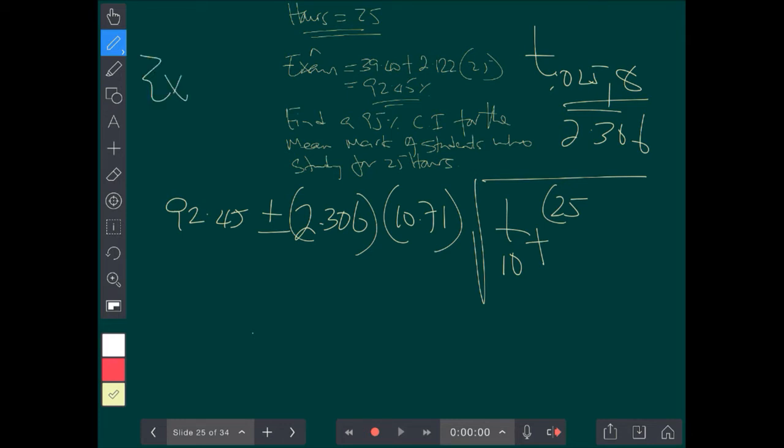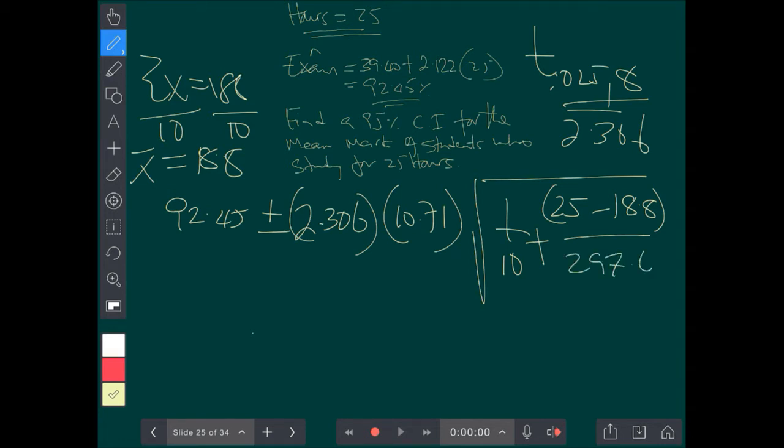Recall the sum of the x's was 188, so therefore 188 over 10 is x bar, which is 18.8. So minus 18.8, squared, over SSX. Remember SSX was 297.6.